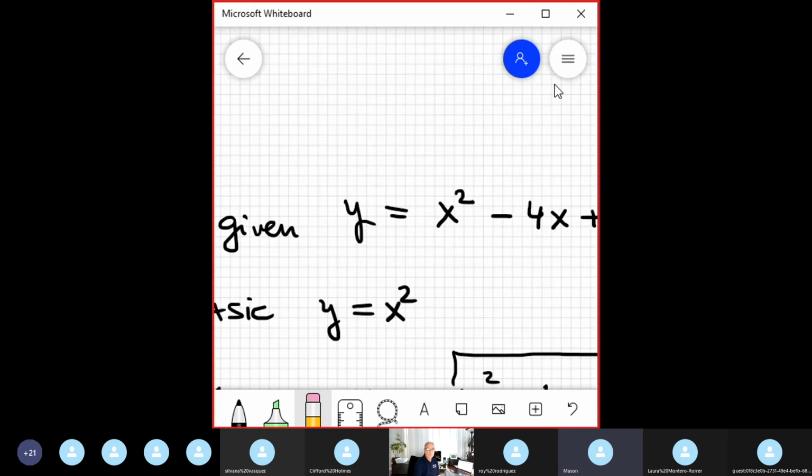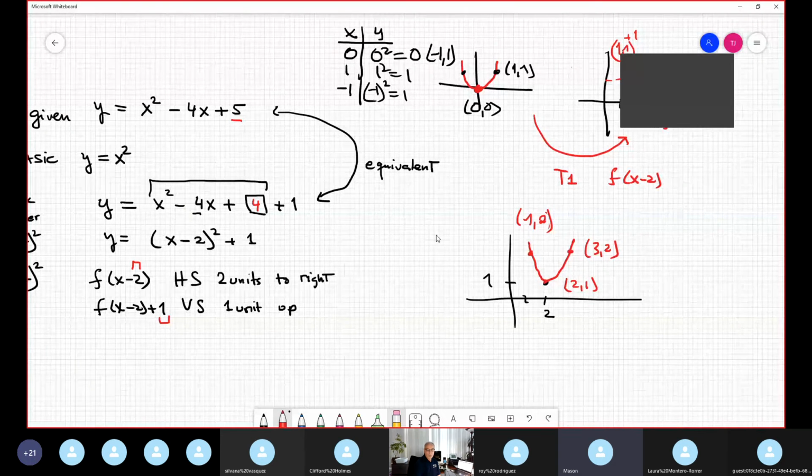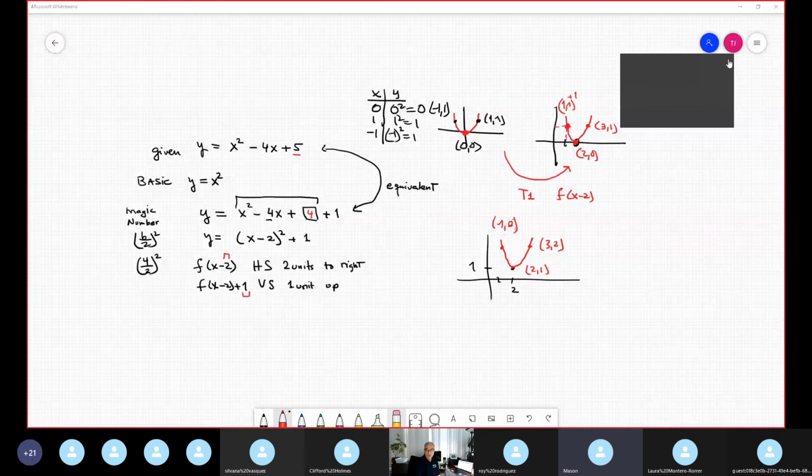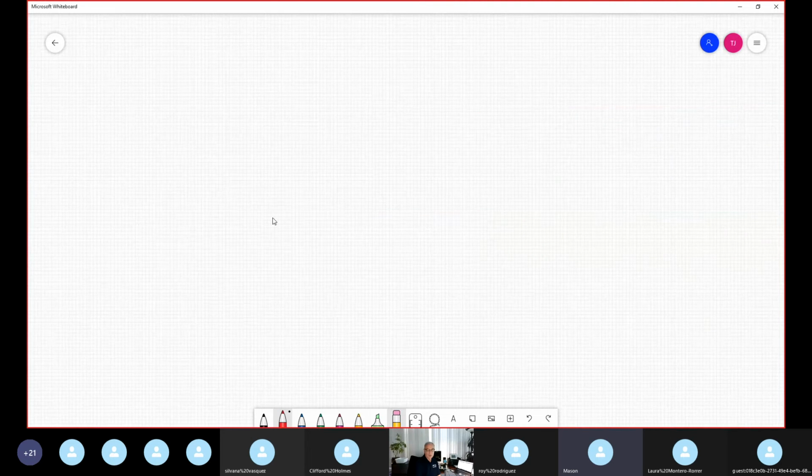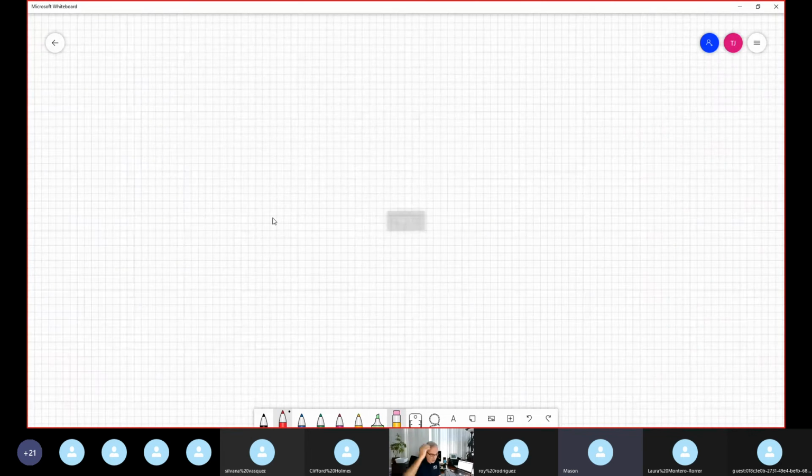Okay. Now, we are discussing another completely different idea. Transformation is over. Moving on to the combination of functions. Okay, there you go.